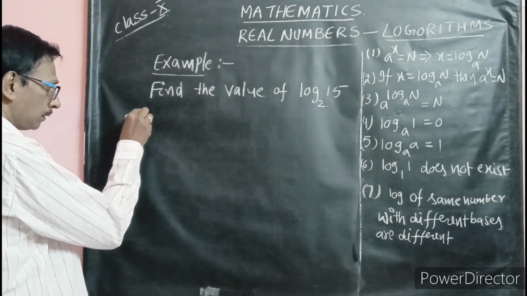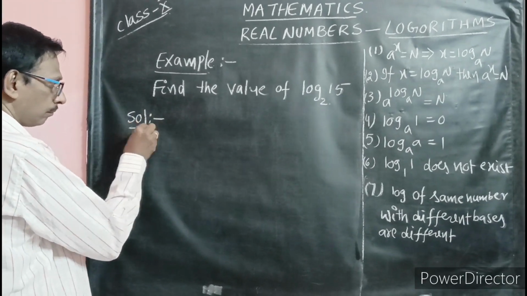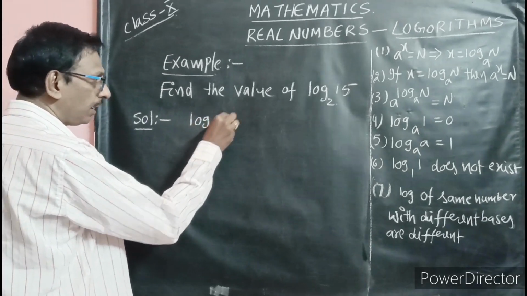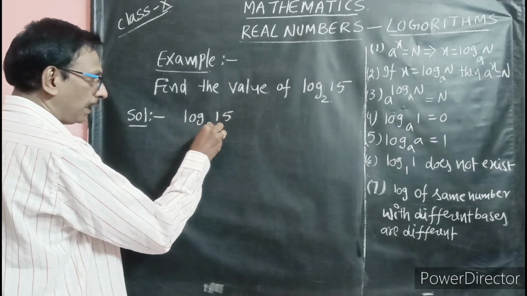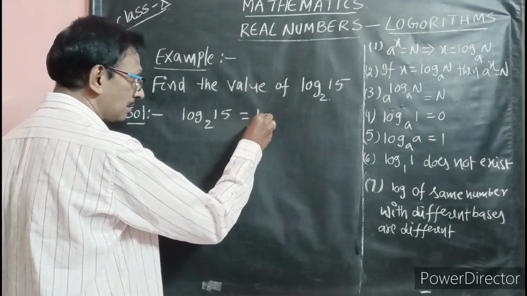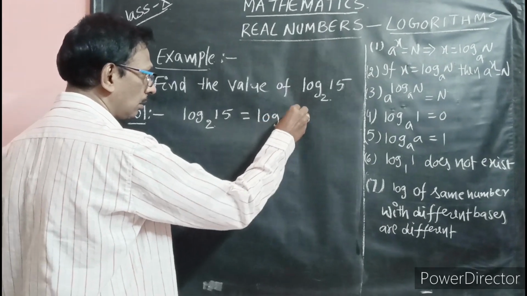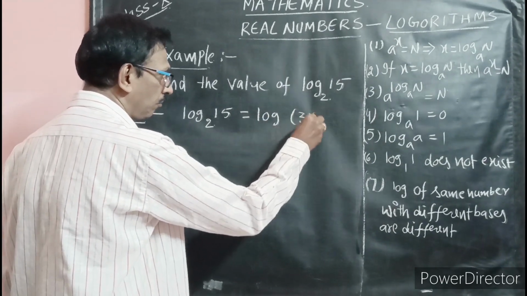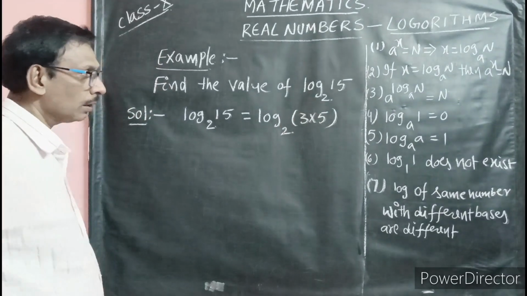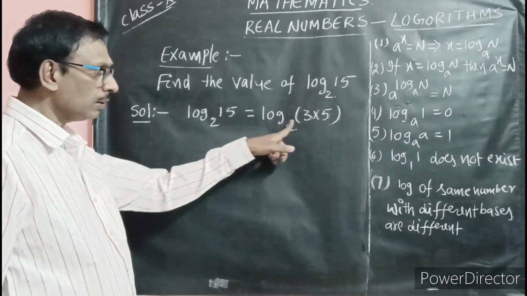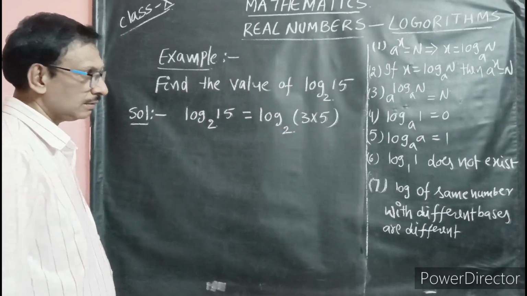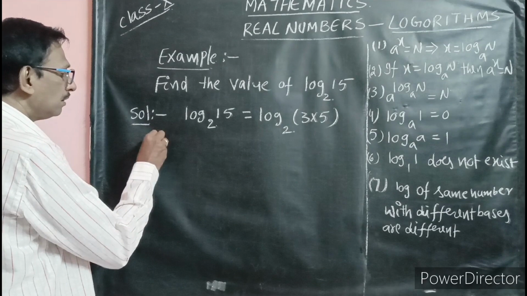Solution. First you take log 15 to the base 2. This can be written as log 3 into 5 to the base 2. Now this is in the form of log a into b to the base x.